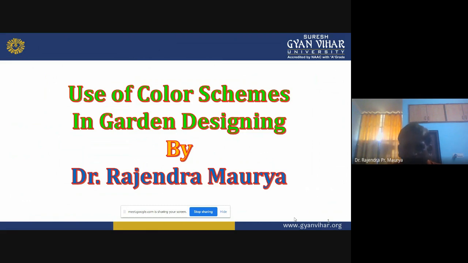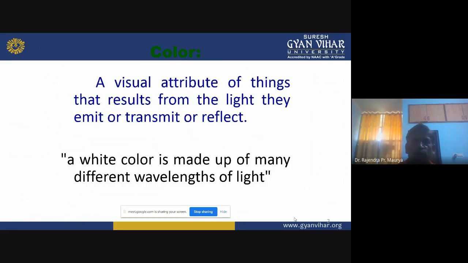So the main objective of this topic, use of color schemes in garden designing, is this: you should understand the basic color scheme. How can we use the color scheme in garden designing?